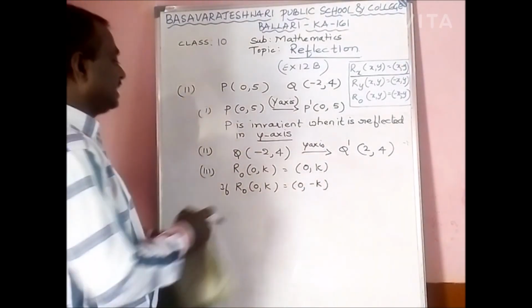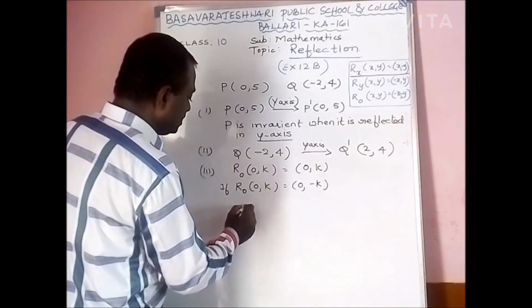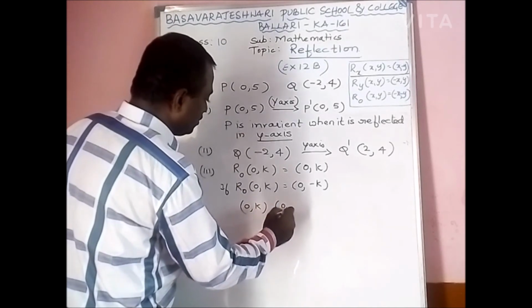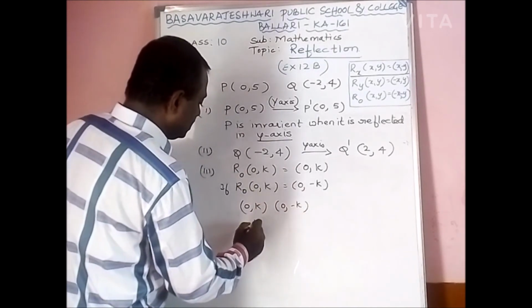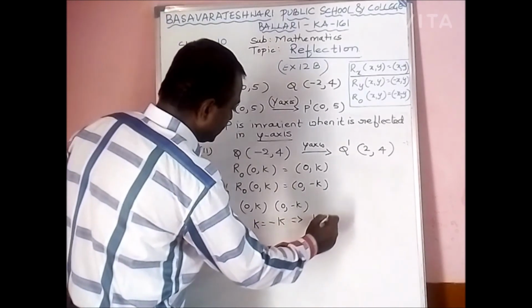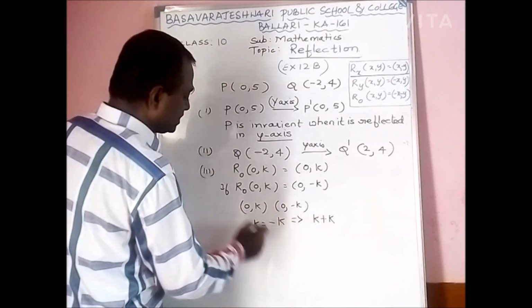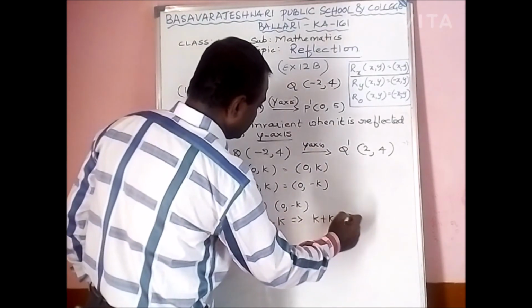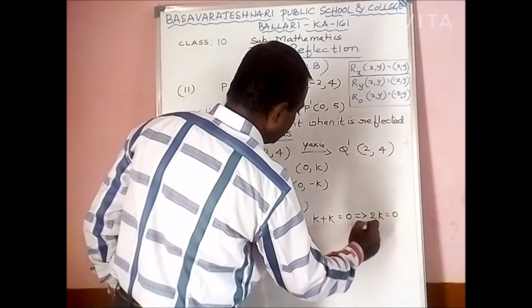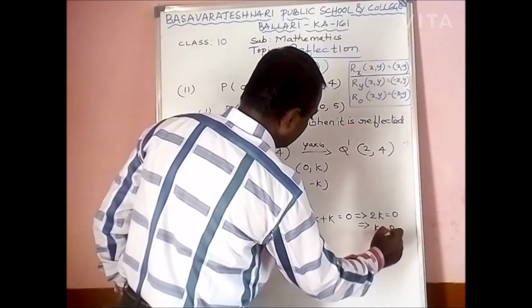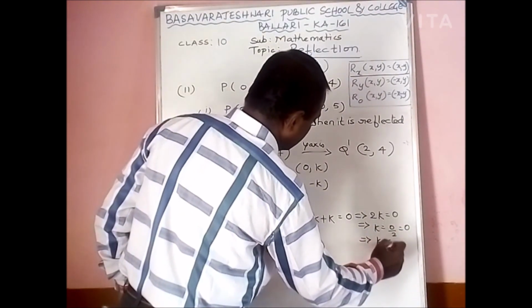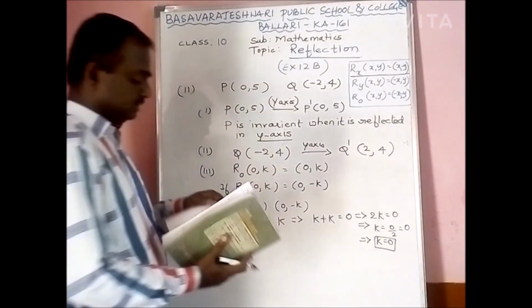So LHS and RHS are equal: 0, k is equal to 0, minus k, or k is equal to minus k. This implies k plus k, because transferring minus k to the LHS it becomes plus, is equal to 0. This implies 2k is equal to 0, so k is equal to 0 by 2, that is nothing but 0. Correct? k is equal to 0.